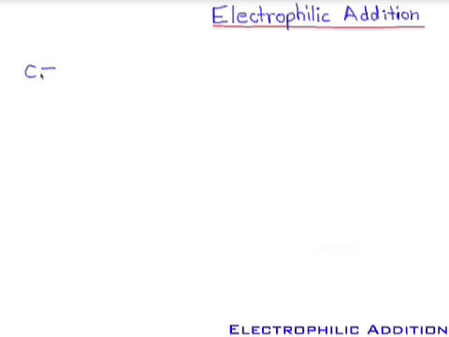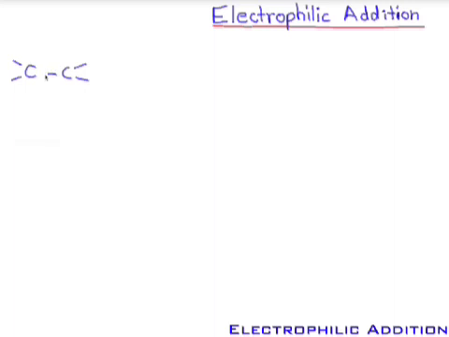An alkene possesses a pi bond, not some electronegative atom. The pi bond is diffuse, containing electron density.